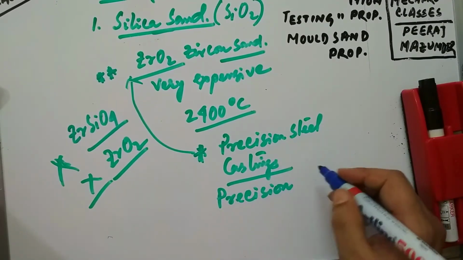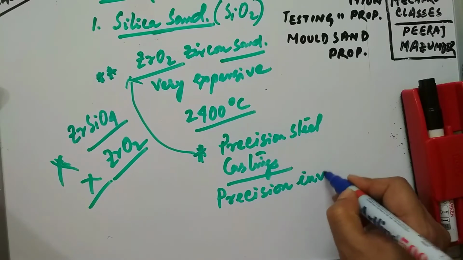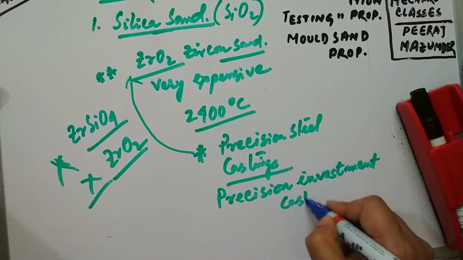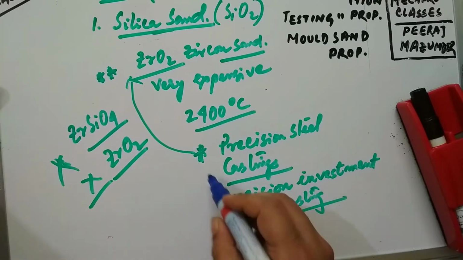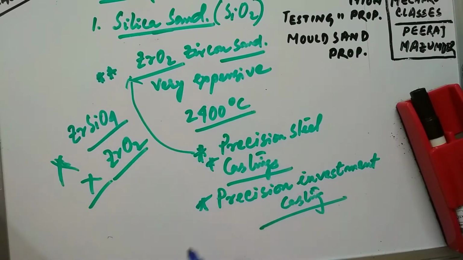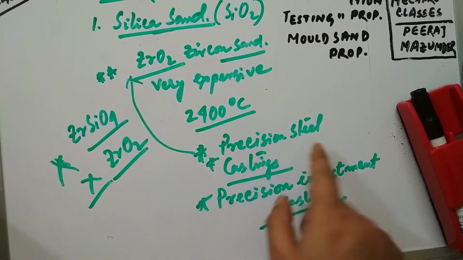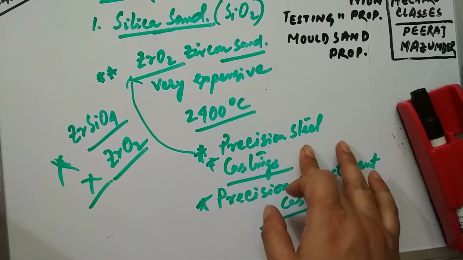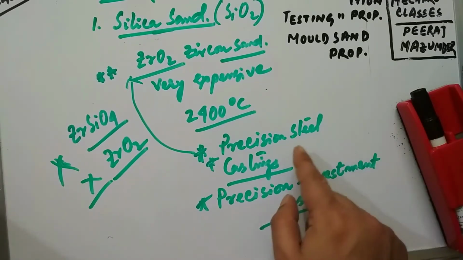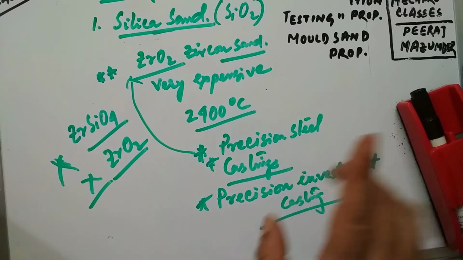That is a special type of casting. So you must take note of these two points for zircon sand: it is used in special types of castings where we need precision and very good surface finish, that is, precision steel casting and precision investment castings.